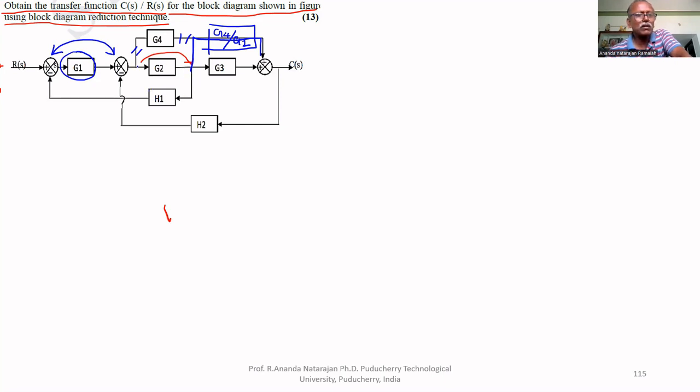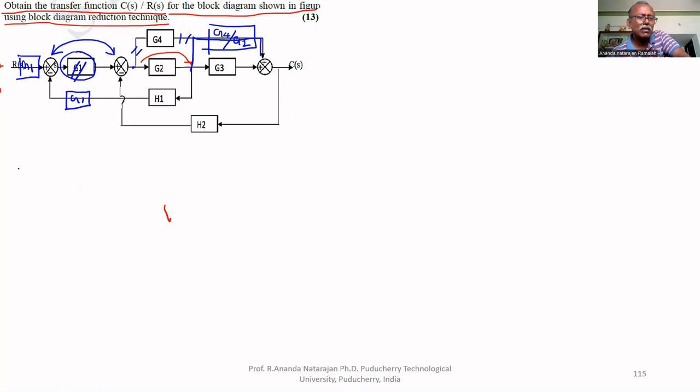So in the innermost part, this forward path and the feedback path have to be removed. If you move this G1 out of this part, it will come here as G1, and here also it will come as G1. That's why this G1 is removed. If we do these two things, this forward path and this feedback path can be solved.